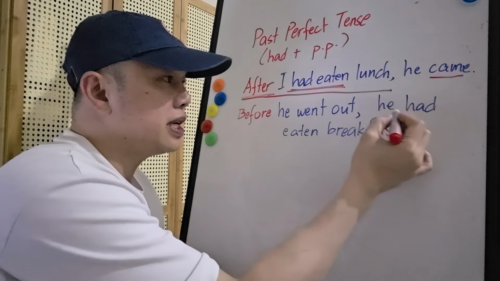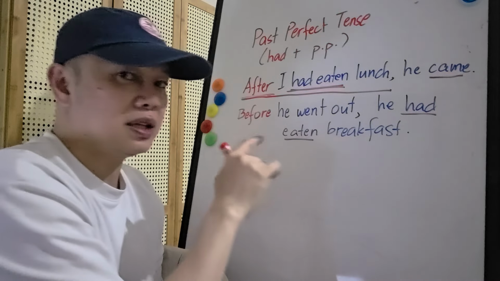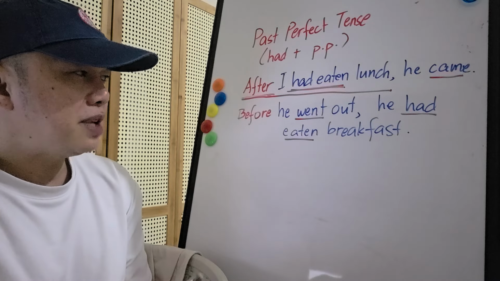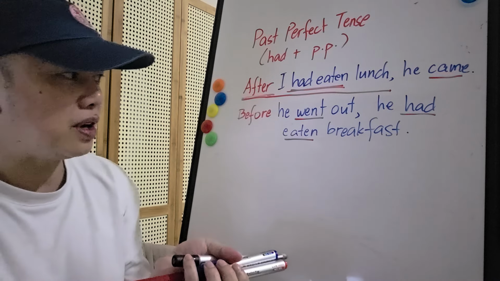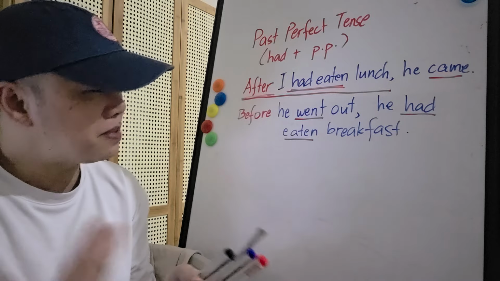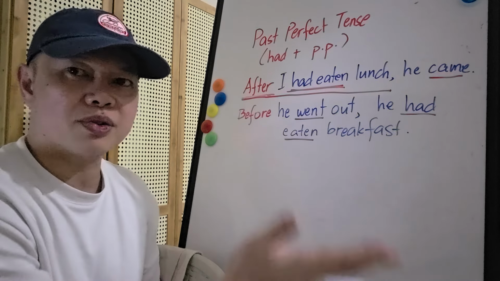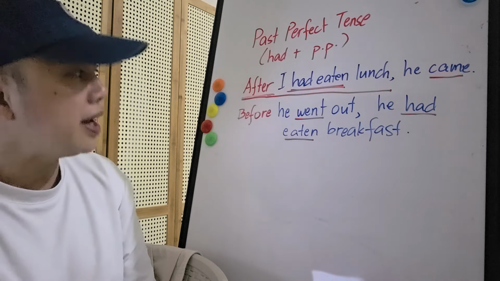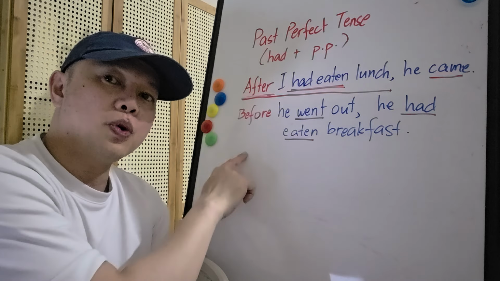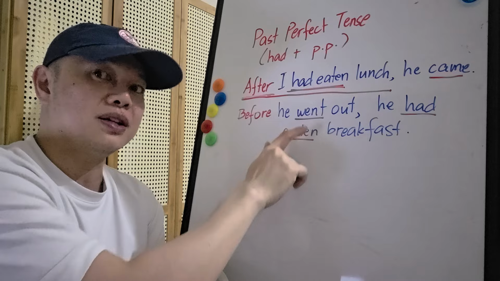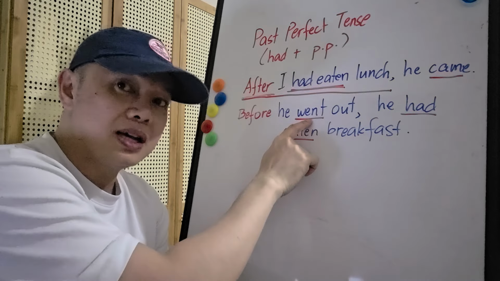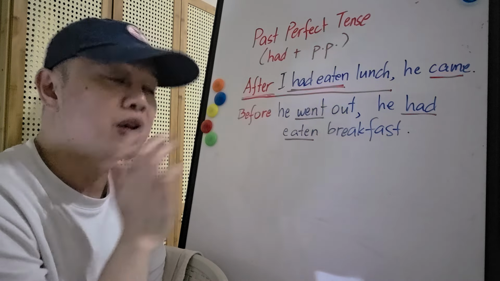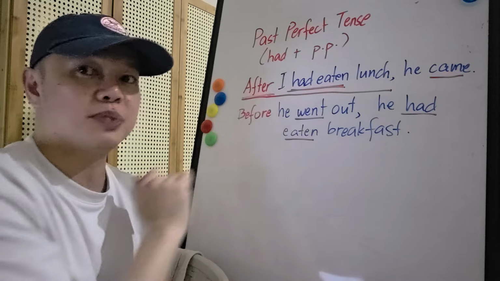The first action, of course, is had eaten breakfast, meaning this happened first before going out happened. In a basic sense, of course, you have to eat breakfast first before going out, or maybe you go out and have breakfast outside. It wasn't mentioned where, so it really depends on the context. Anyway, the temporal conjunction before must be accompanied by the second action, which means it has the simple past form, and the other clause must be understood to be the first action, which means it has the past perfect form.